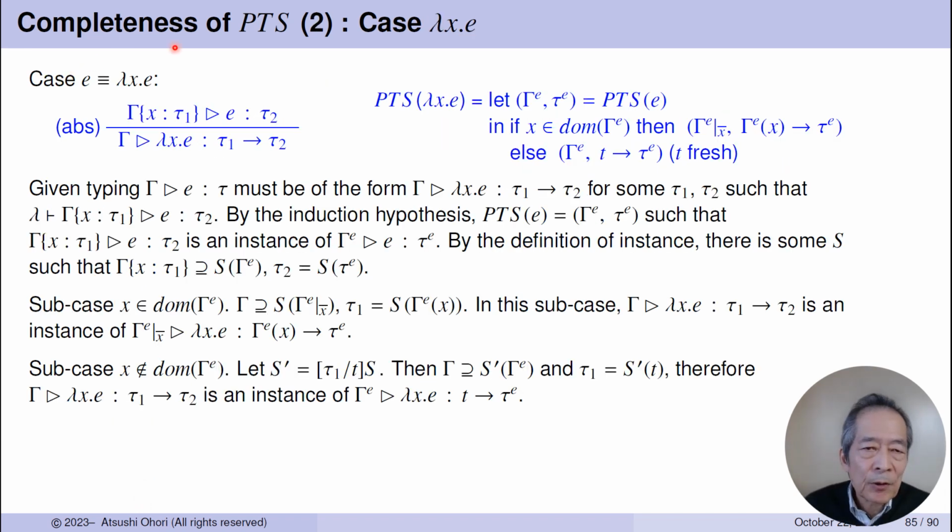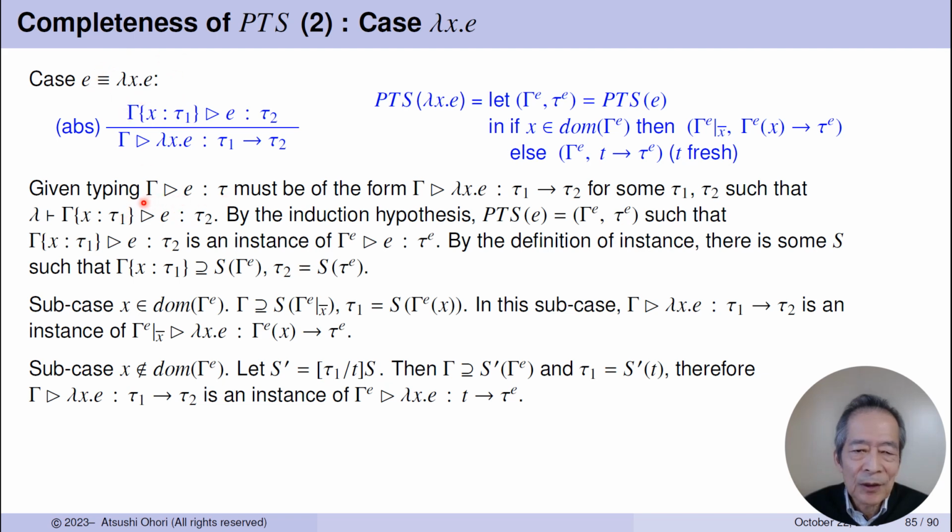The proof of completeness of PTS for the case of lambda x dot e, this case, right? This is a comment that the typing of this term is derived by this typing rule, and the principal typing returned by PTS is given by this operation. Now we are given a derivable typing of this term, right?